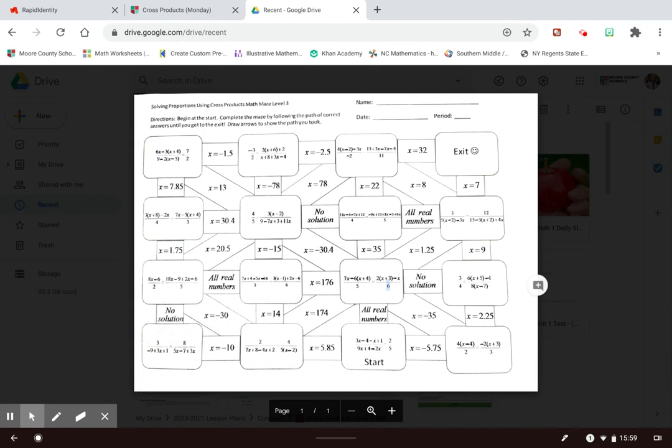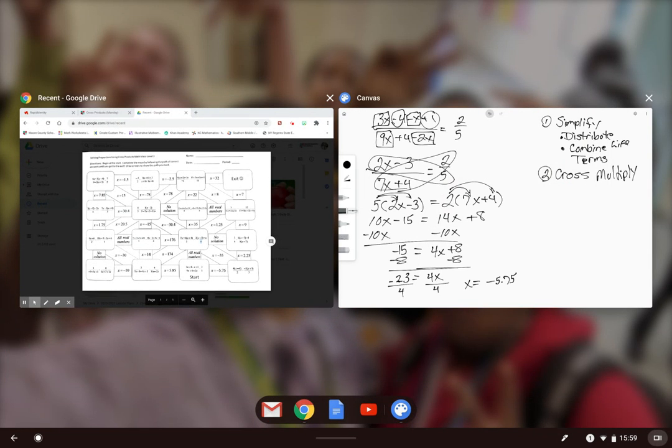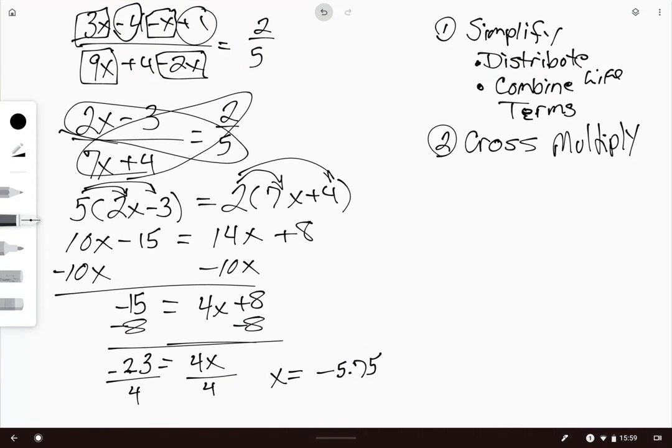So then I'm going to work the next equation. This one is 4 times x minus 4, divided by 2, is equal to negative 2 times x plus 3, divided by 3. All right, so let's go ahead. We'll do that one together as well.